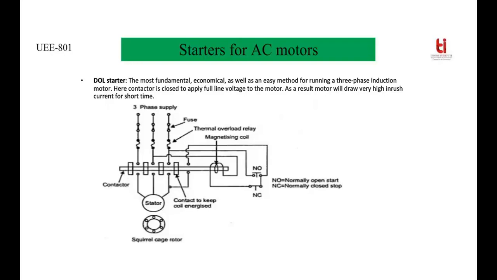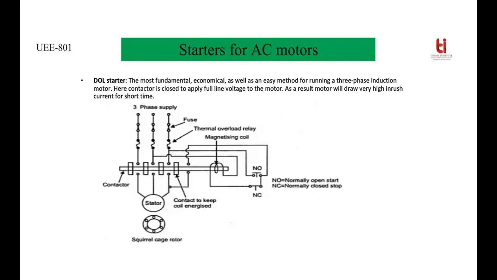You can see four vertical boxes are there, and those represent contactors, and a horizontal line is there that you can say is the plunger, and it is connected across the magnetizing coil. Now whenever the magnetizing coil is energized, it will draw that plunger towards the right hand side. Then the contactors will close the path between the three-phase supply and the stator, and current will start flowing from the source to the stator winding and the motor will start.